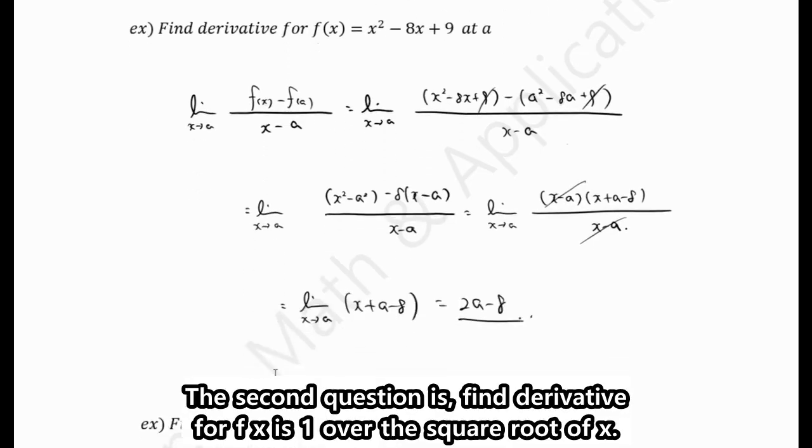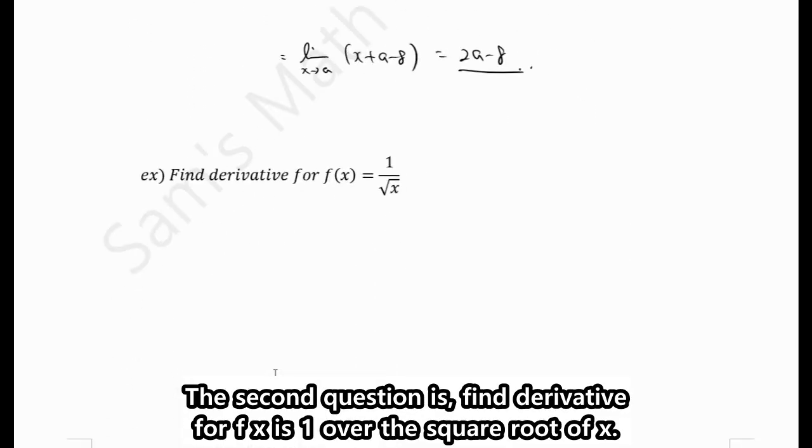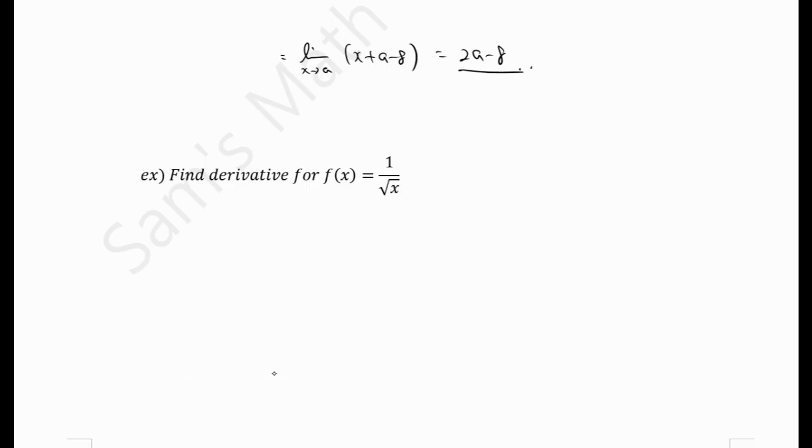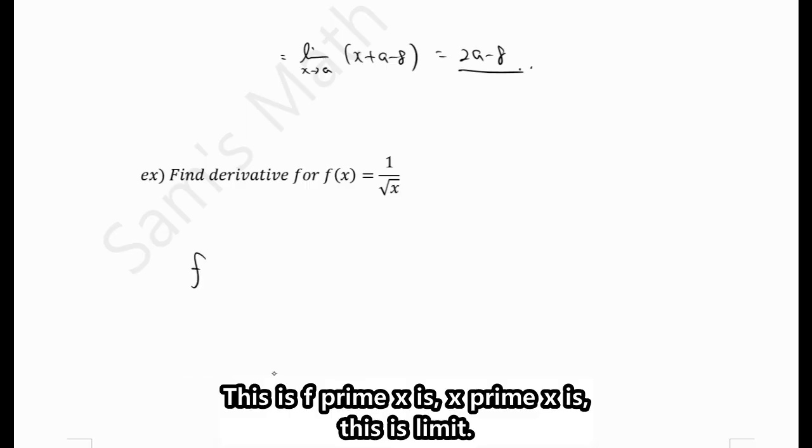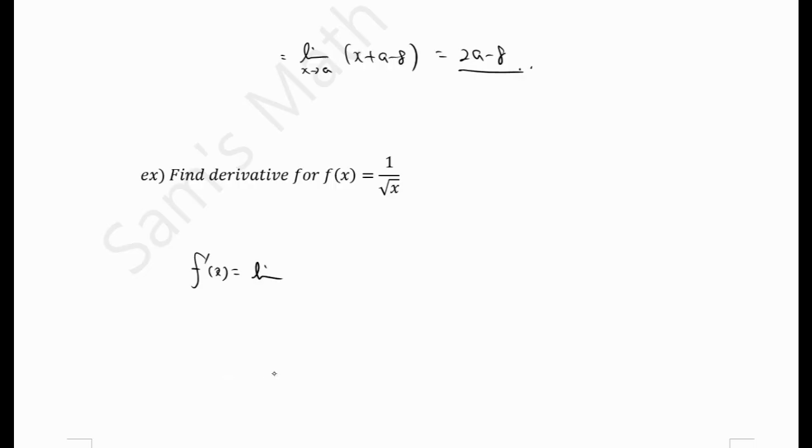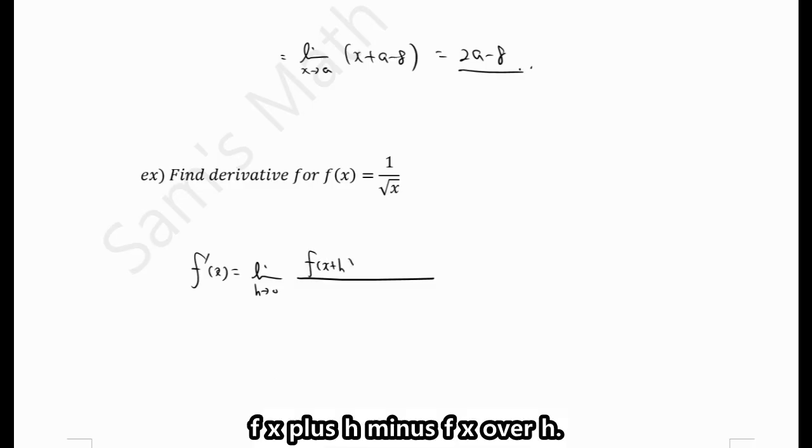The second question is, find the derivative for f(x) is 1 over square root x. This is f prime x, the limit as h approaches 0 of f(x plus h) minus f(x) over h.